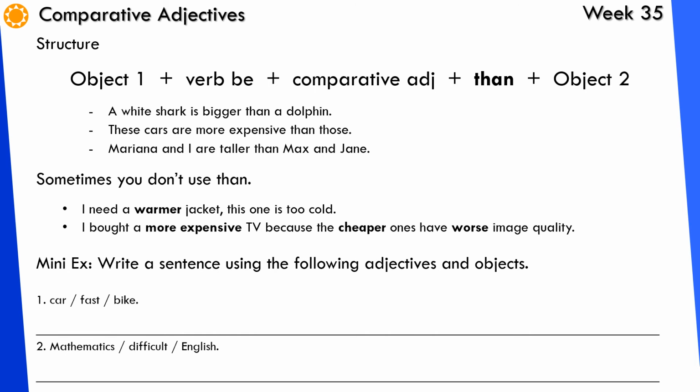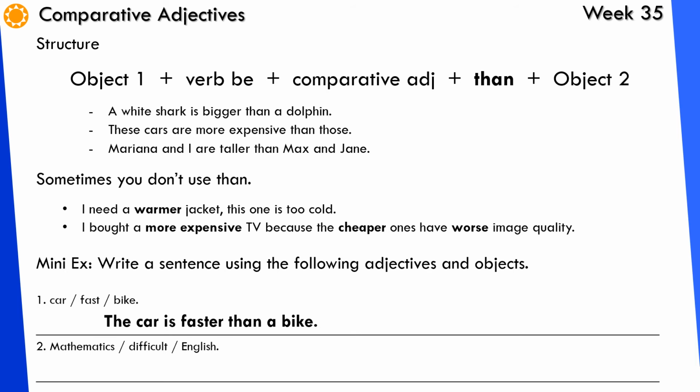Mini exercise. Write a sentence using the following adjectives and objects. In the number 1 we have car, fast, bike. Let's do it. The car is faster than a bike.